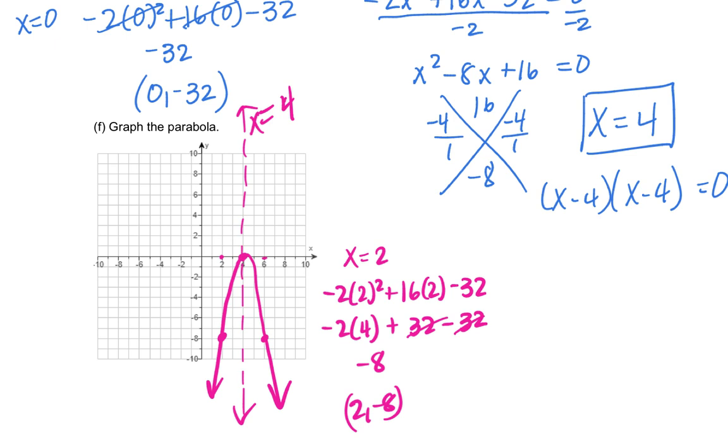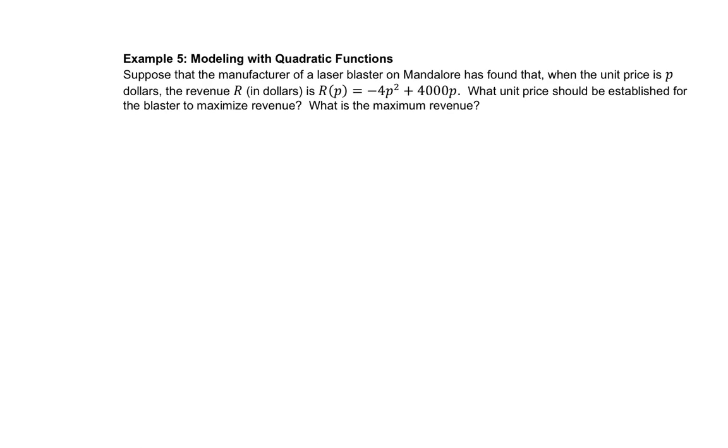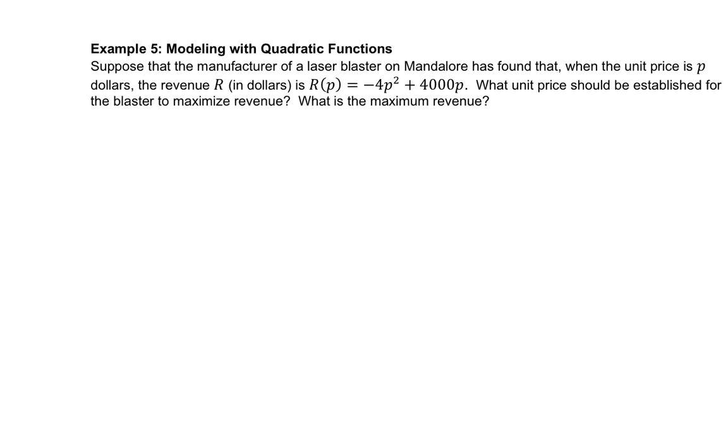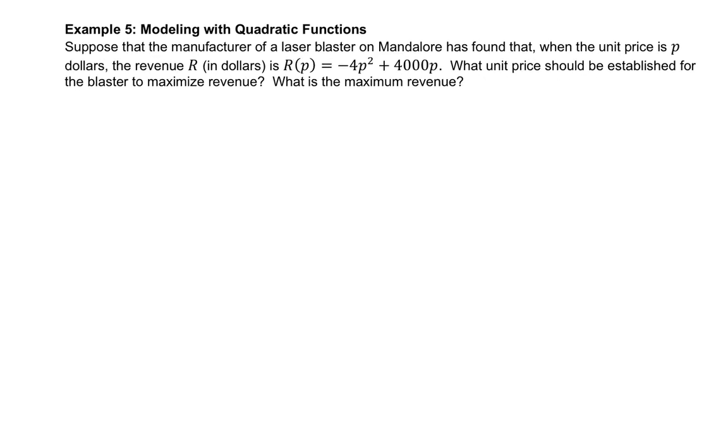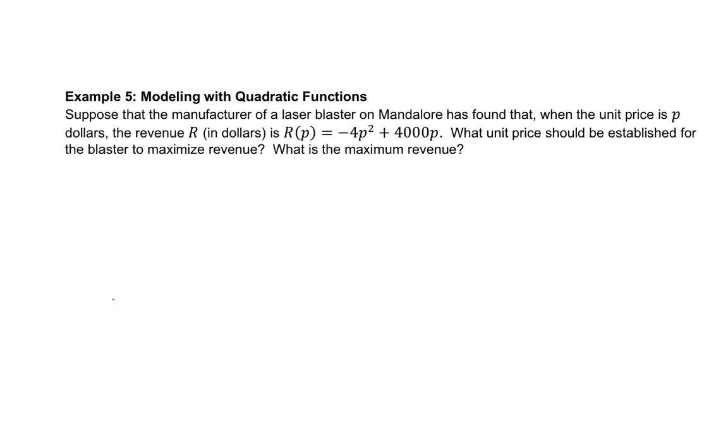All right, the last two, we don't have to do all of this. We're going to apply it to some type of real world application where you're using these points to solve it. Last part. So if you are a manufacturer of a laser blaster on Mandalore, has found that when the unit price is P, so when your unit price is a certain number of dollars, you're going to make revenue.